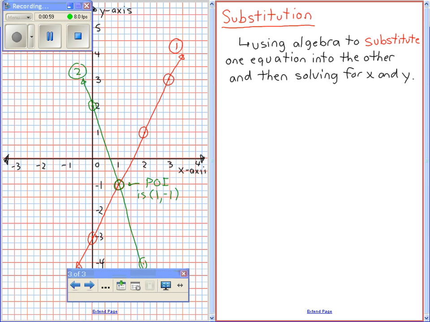Okay, so this is algebra time for the class. You guys have had lots and lots of practice with this.